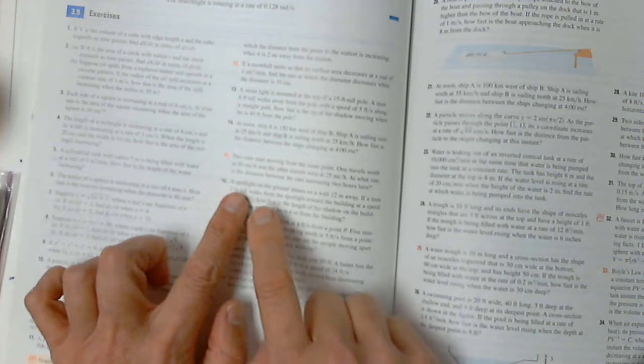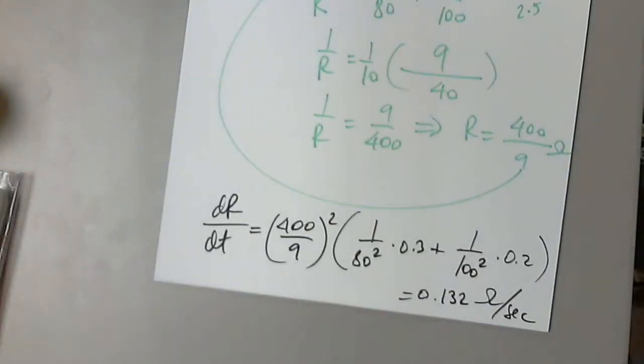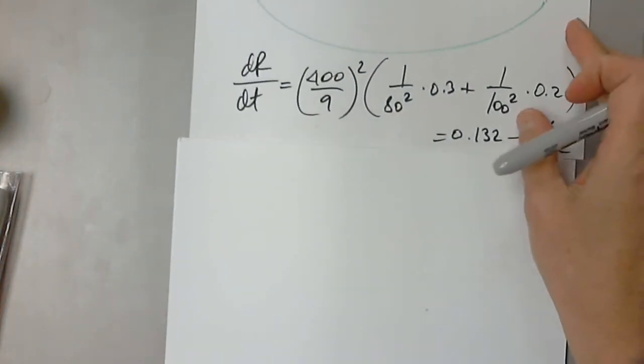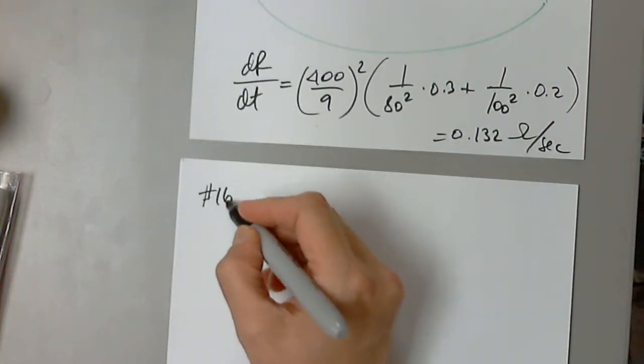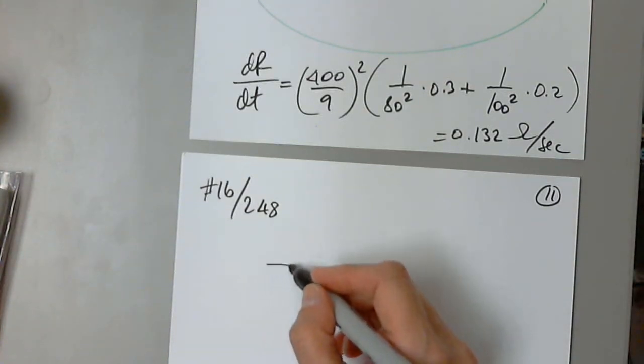A lot of information. So let's start from scratch. A spotlight on the ground shines on a wall 12 meters away. So that's my first step. And this is problem 16 on page 248.